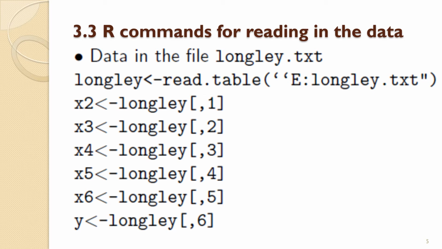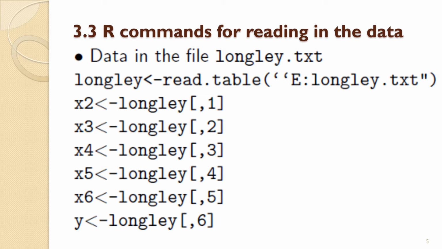So how you would do this: read.table applied to this file path, and you call it longley. The way these sets of commands work is that for x2 you call in the first column of this set, x3 the second column, x4 the third column, x5 the fourth column, x6 the fifth column, and y the sixth column.